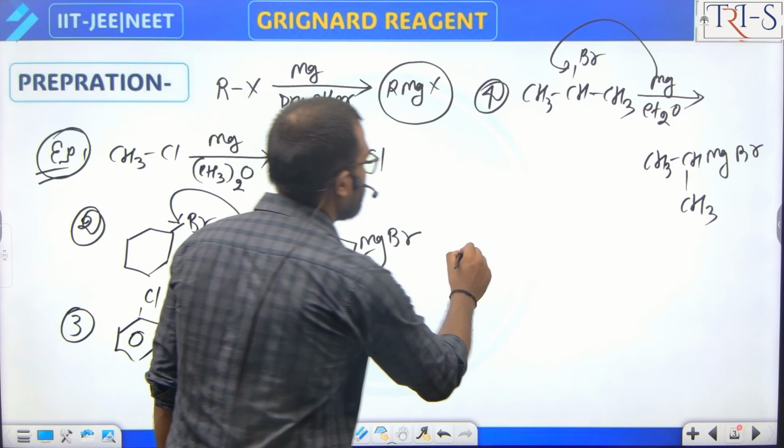If we discuss here, we have a variety of halogens like fluorine, chlorine, bromine, iodine. What kind of halogen connected with carbon gives faster reactivity and strong formation of Grignard reagent?